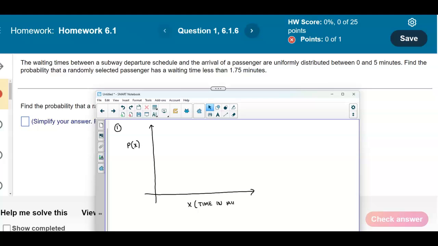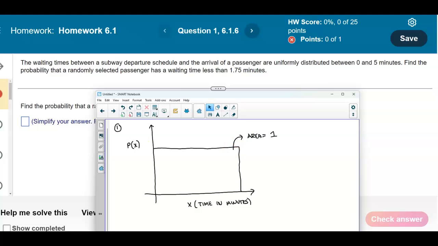Now, for a density curve to be a graph of a continuous probability distribution, it must have a total area under the curve equal to 1, and the curve cannot fall below the x-axis. So this is what we're going to have, a rectangular shape, and the area of this entire thing is going to equal 1.